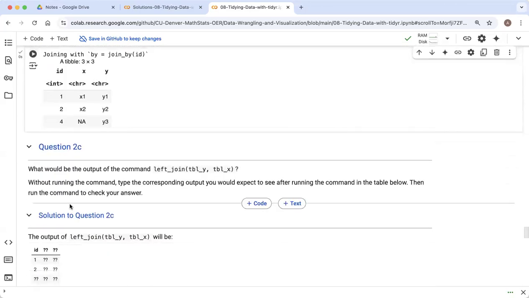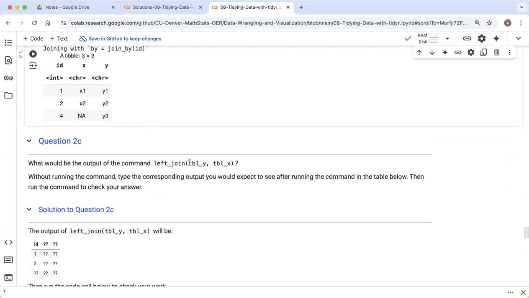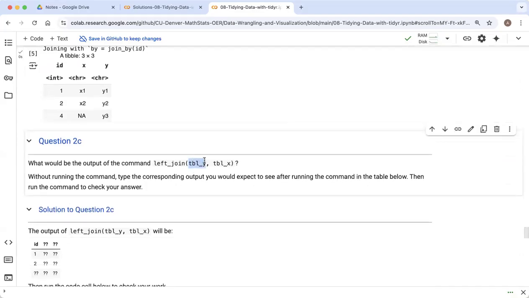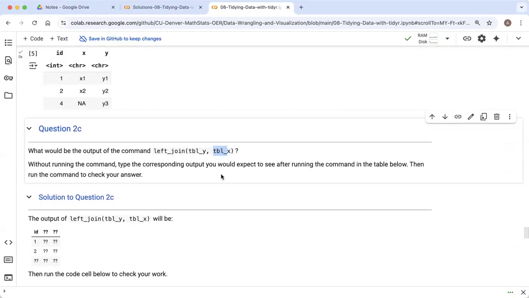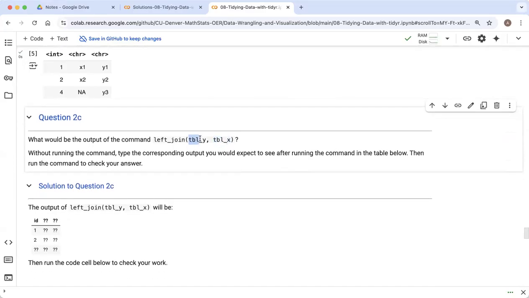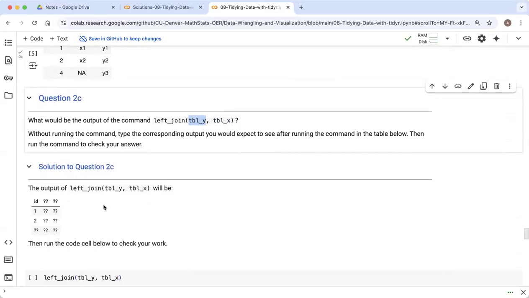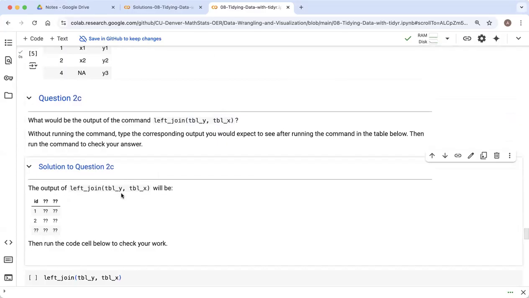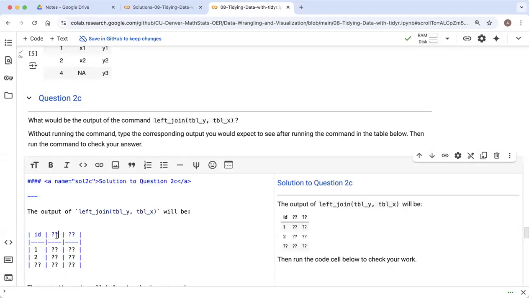If I do a left join, and in this case, if I look carefully, I switched the order that I entered the data frames into the function now. It's going to left join. It picks all of the rows from the table on the left, in this case, Y. So first it's going to enter all of the rows that it picks from Y and all of the corresponding values from the Y column.